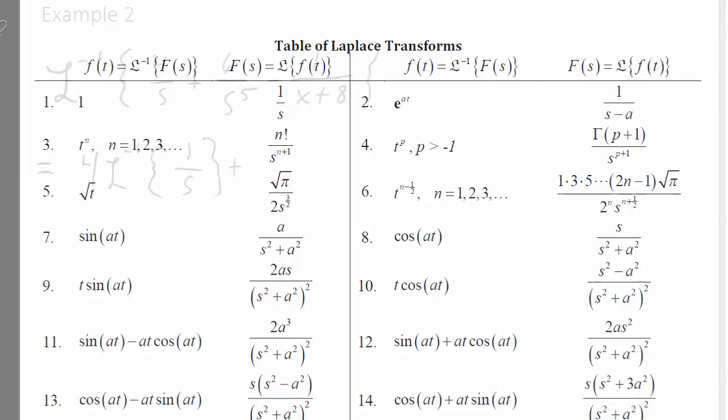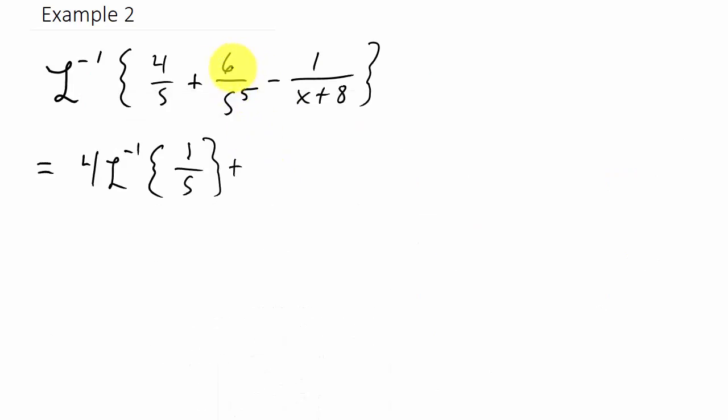Notice I have a 6, but I need 4 factorial. So I'm going to bring the 6 out in the inverse Laplace transform. Let me erase this. I'm going to need a little more room there. This is going to be the inverse Laplace transform, and I'm going to rewrite s to the 5th as s to the 4 plus 1.